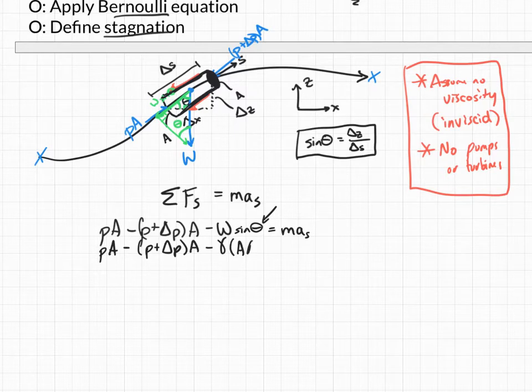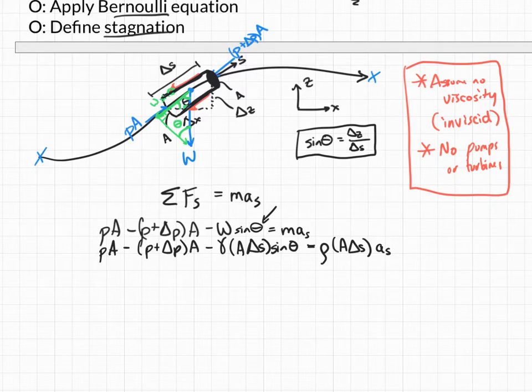So gamma times area times delta s, sine theta, equals the mass. The mass, similarly in fluids class, is rho times the volume, same volume, A times delta s, times a sub s.